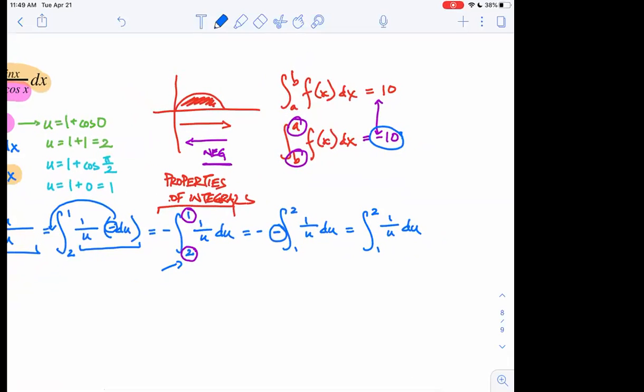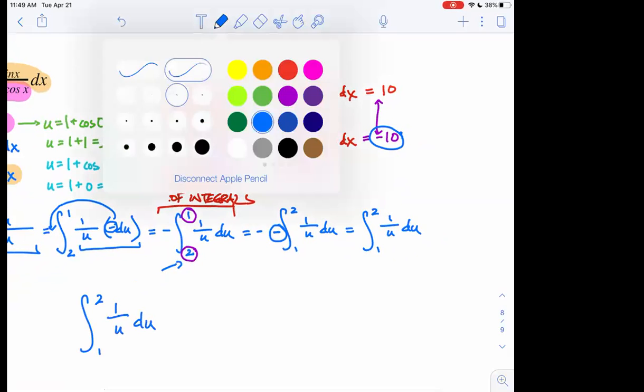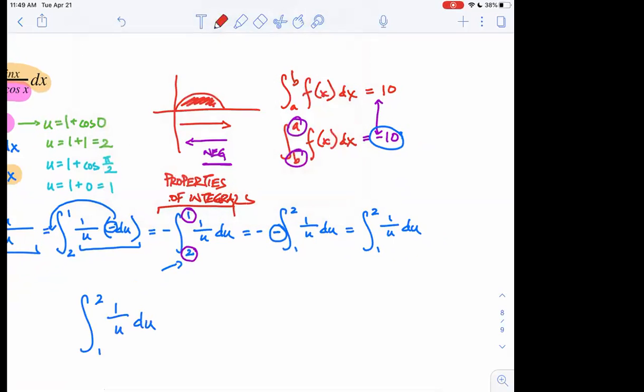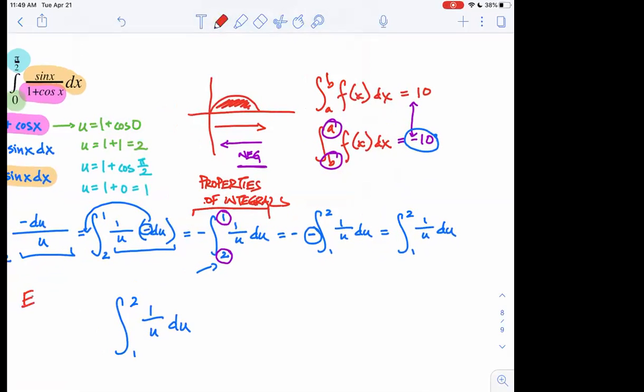All right, so let's continue on finding our integral here. Now this integral is our exception to the power rule.